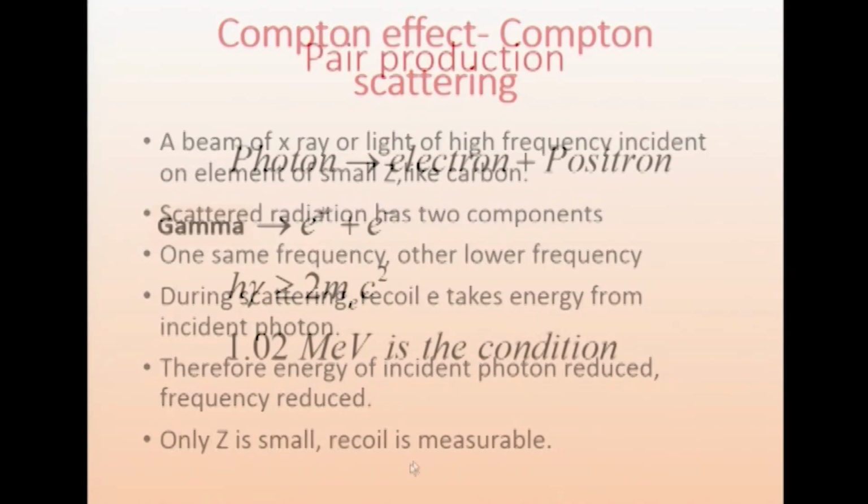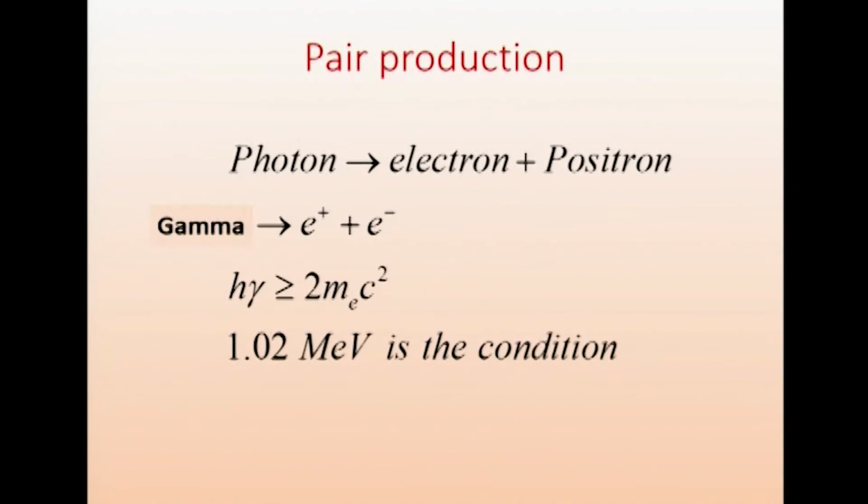Then we have another type of interaction, pair production. When a photon falls on a material, an electron and a positron are produced. We will be discussing more about electron and positron in cosmic radiation also. So the photon is converted to an electron and positron.